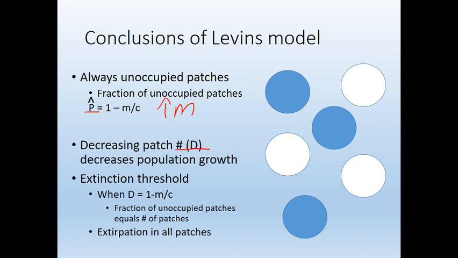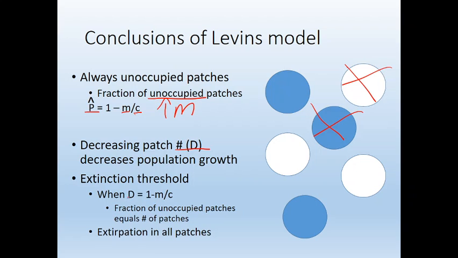So maybe let me go through that one more time, right? We know based on the M and C, the extinction rate and the colonization rate, you're always going to have unoccupied patches. You'll never have a model where it's completely full, where these are all blue. As you then start to get rid of patches, you have less total area and population will go down.